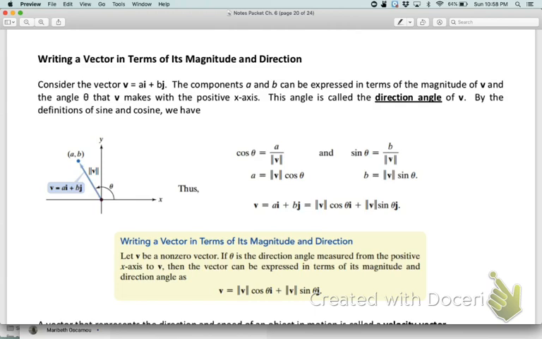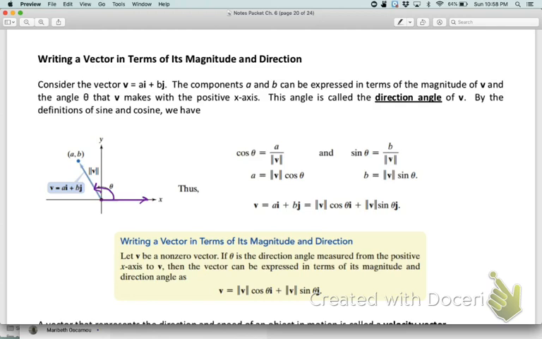So remember that these are angles that are going to be measured in standard position. So that means that we have to start from the x-axis and rotate in the counterclockwise direction, okay? This angle is referred to as the direction angle of the vector v.